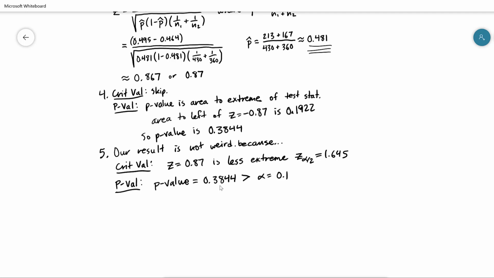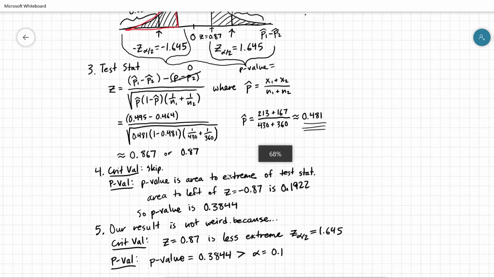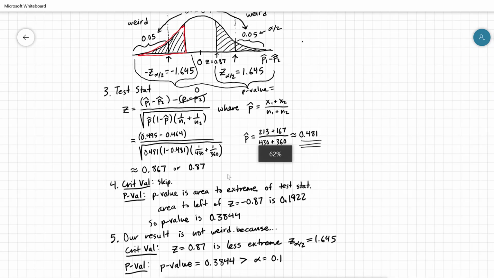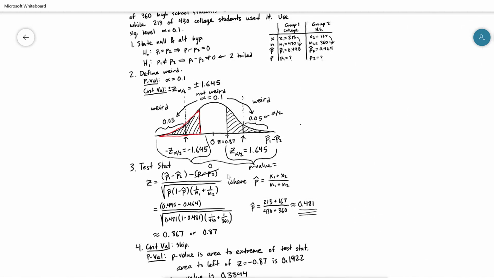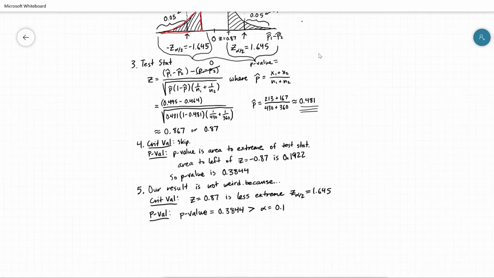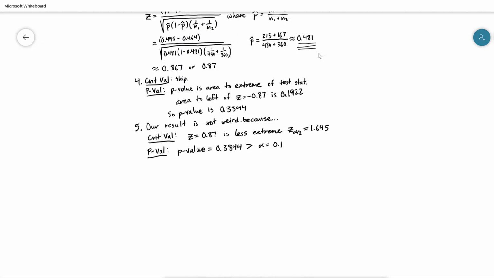We had a 38% chance of getting results as or more extreme than the ones that we got. So basically getting the discrepancy of our numbers here, the 0.495 and the 0.464, seeing that big of a difference of about 0.03 in those two proportions, that'll happen almost 40% of the time. So that's not a very unlikely thing to occur.